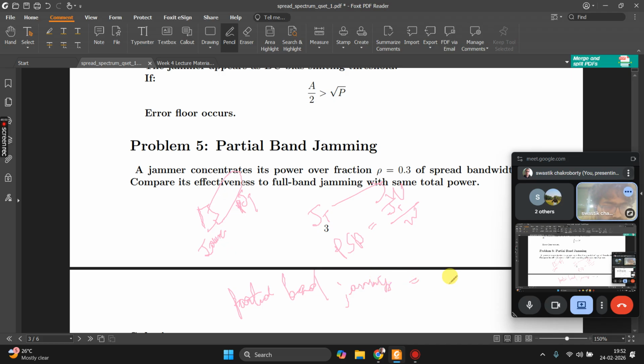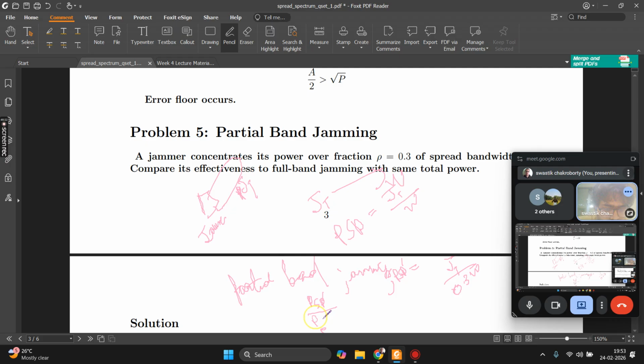So it is JT by 0.3 W. So PSD dash by PSD is 1 by 0.3, so 3.33.